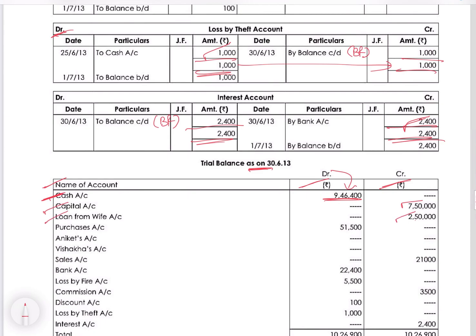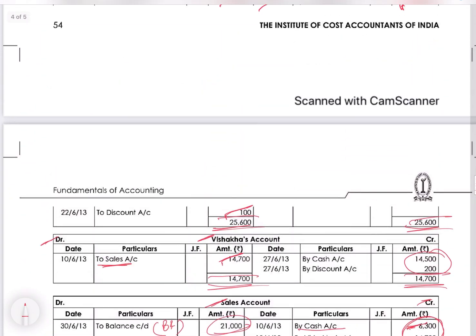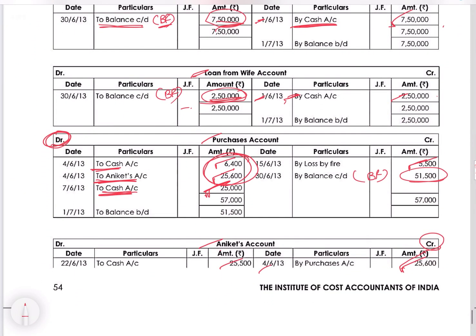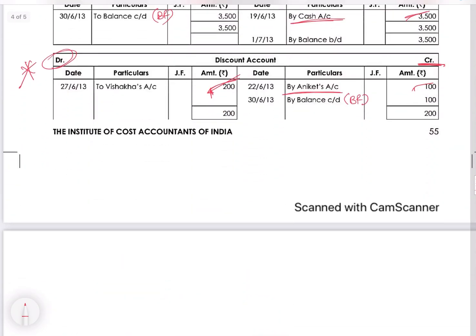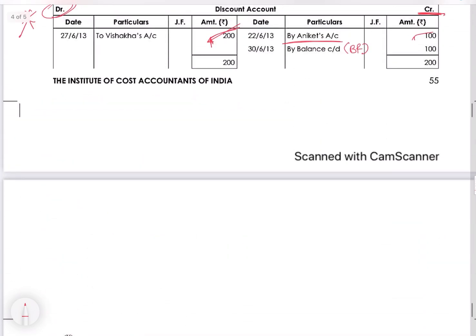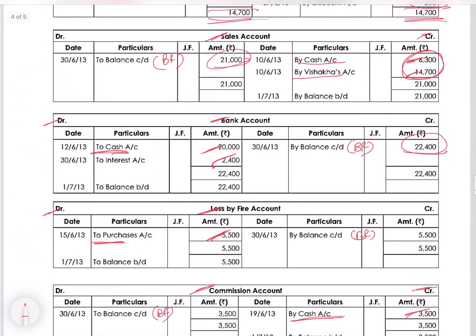Then next, purchases. The debit side is heavier, so the closing balance is on the credit side. So purchases has a debit balance of 51,500. Each account like this, we must not miss any ledger.